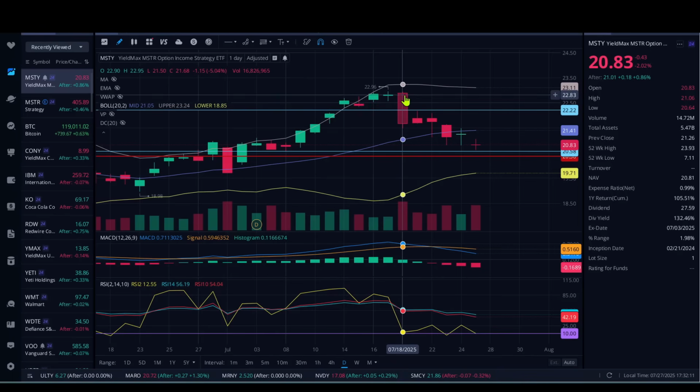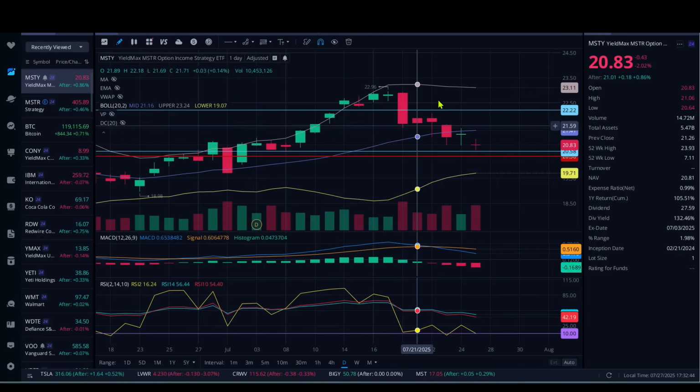But as I was looking at this, since it did open at about $22.90, I did not feel that I was in any jeopardy of it being assigned, unless just something crazy happened, right? Because that's a huge move down from $22.90 down to $20 even. So I let that one ride out, and since it did not get down that low, it expired worthless.